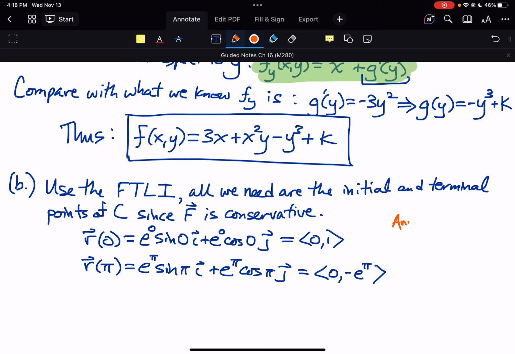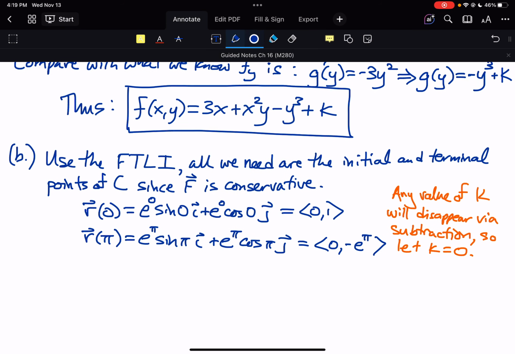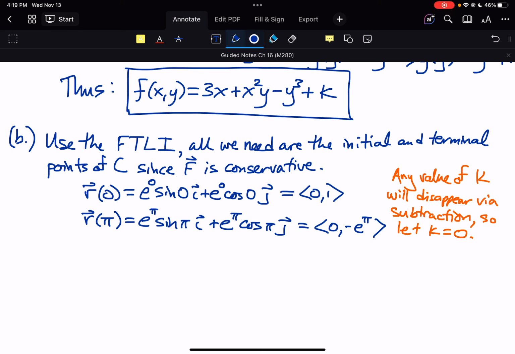So any value of k will disappear via subtraction. So we can let k be equal to 0. Okay, so when we're evaluating using the fundamental theorem, we don't need to actually show k in that formula because we know that it's just going to get canceled out anyways.